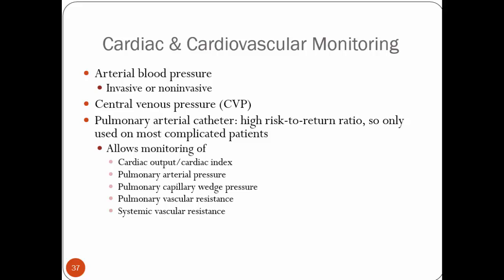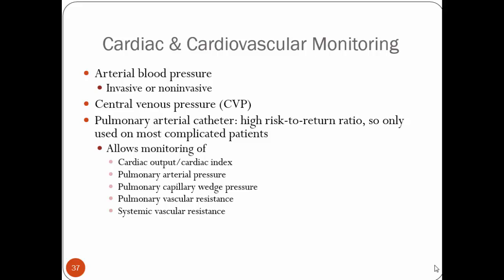And so it heats the blood up, and then it has a temperature sensor on the very distal end of the catheter. It will measure the temperature and do a calculation of what happens as the blood moves after it's heated up. The blood cools down, and the amount that it cools down is converted into a cardiac output. And of course, the cardiac index is just the cardiac output related to the body surface area.